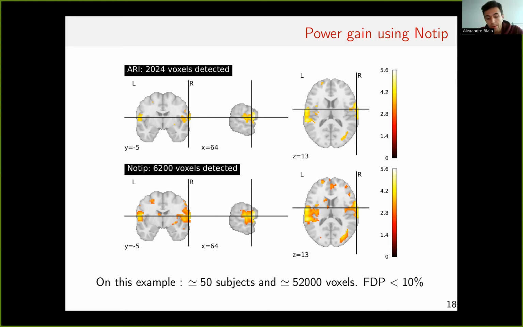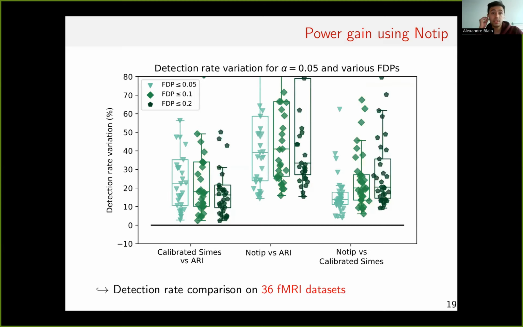And so to show you that this is not simply cherry-picked on a given data set, we conducted extensive experiments on 36 fMRI data sets taken from Neurovault again. We've considered the methods in various settings where we are requesting different FDP levels across 36 different data sets.